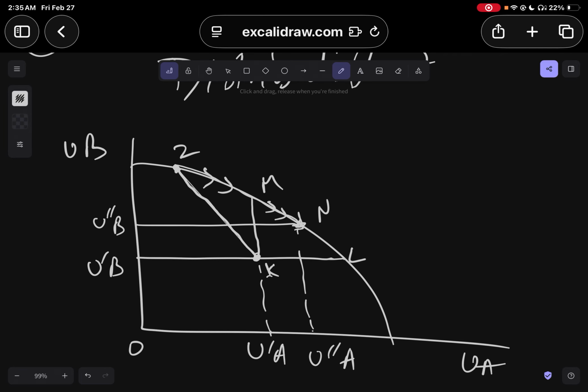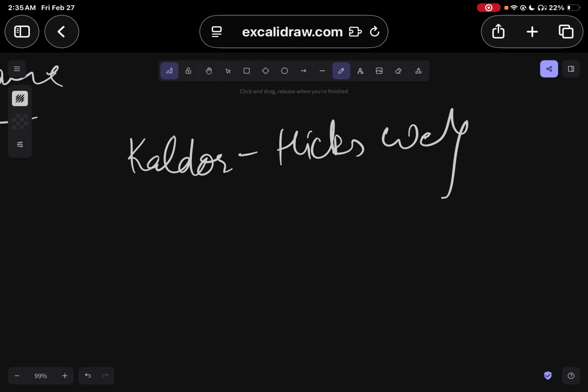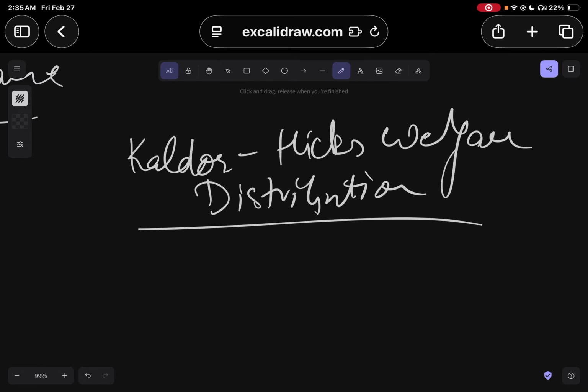Then we have Kaldor-Hicks welfare distribution, which is a better version of Pareto efficiency. Pareto efficiency was improved by Kaldor and Hicks.